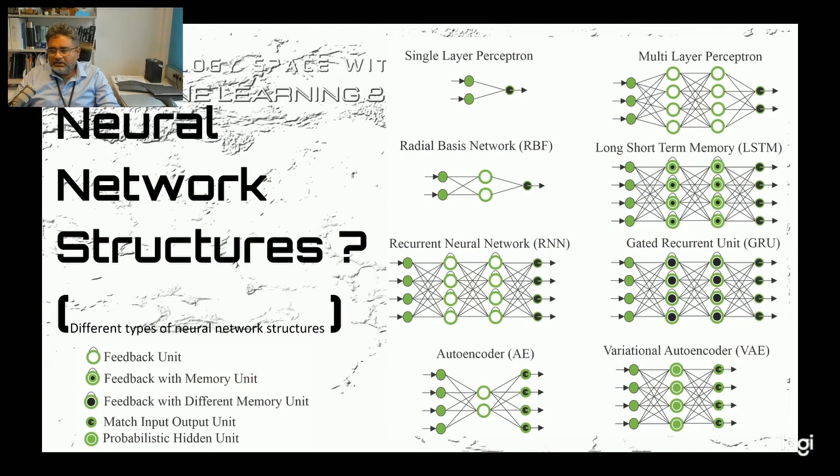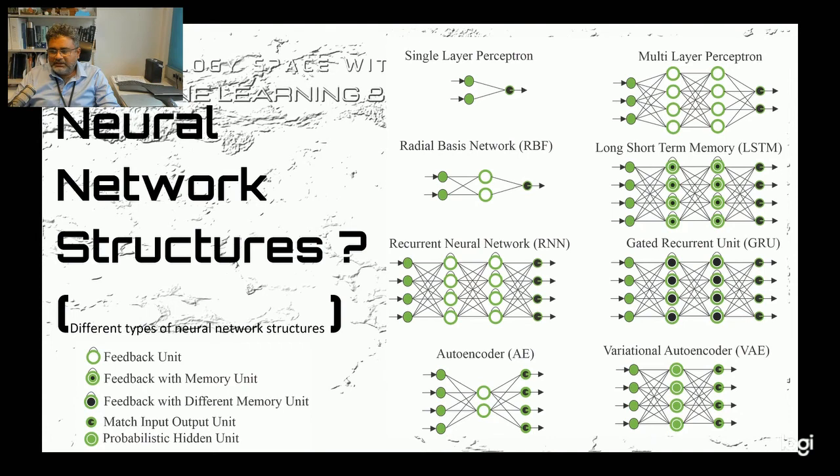And then long short-term memory networks, LSTMs, are also another type of neural network. These networks consist of feedback with memory units inside the hidden layer. And recurrent neural networks, another popular application called RNNs, consist of feedback units in their hidden layer.